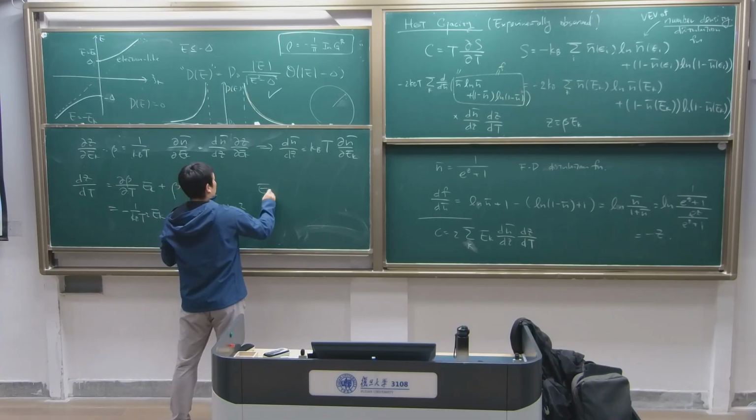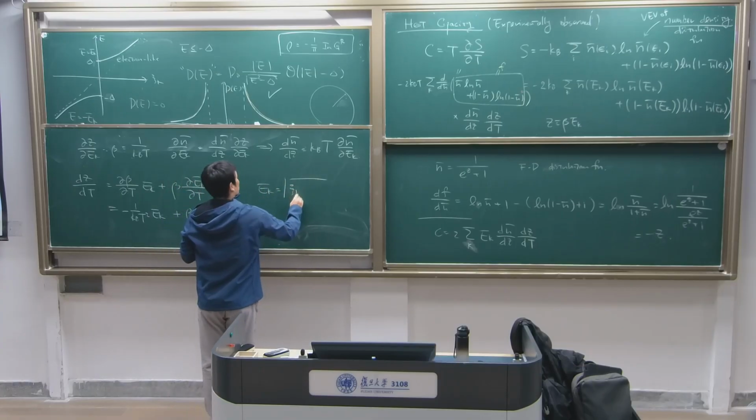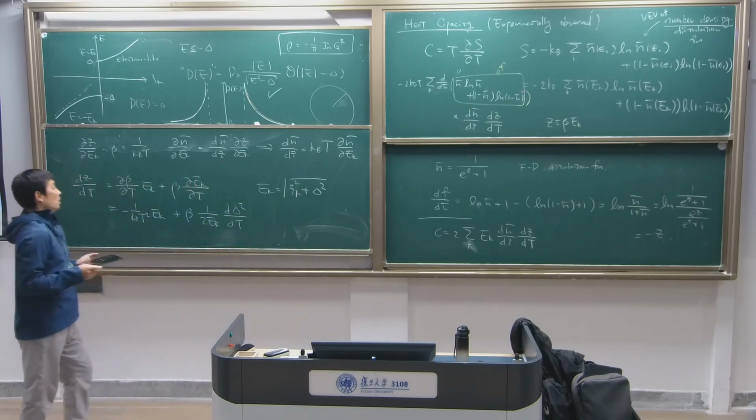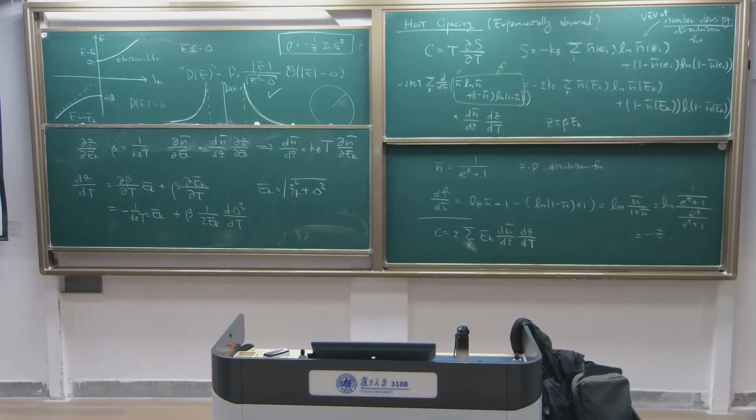So note that dk is equal to the plus delta like this.